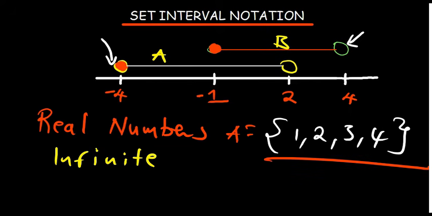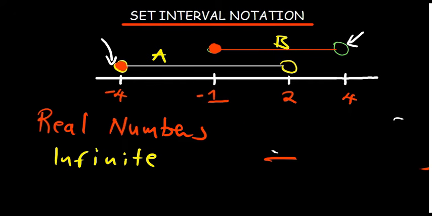Now, think of a case where you're trying to think of real numbers between 1 and 2. If I ask you to list the real numbers between 1 and 2, one thing that you need to understand is that there are unlimited real numbers between 1 and 2.